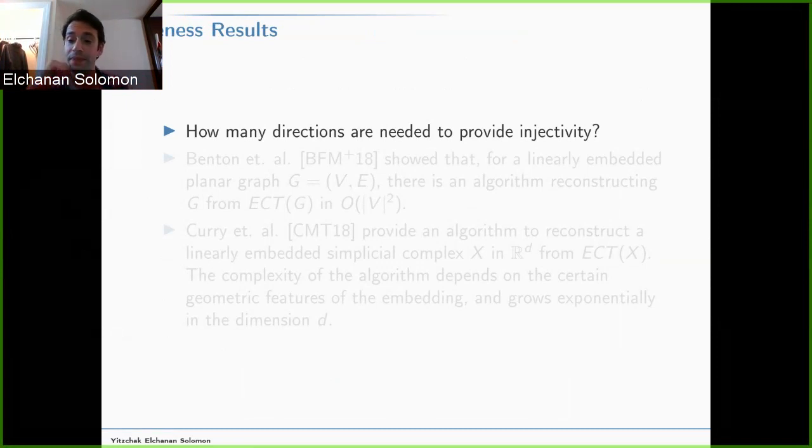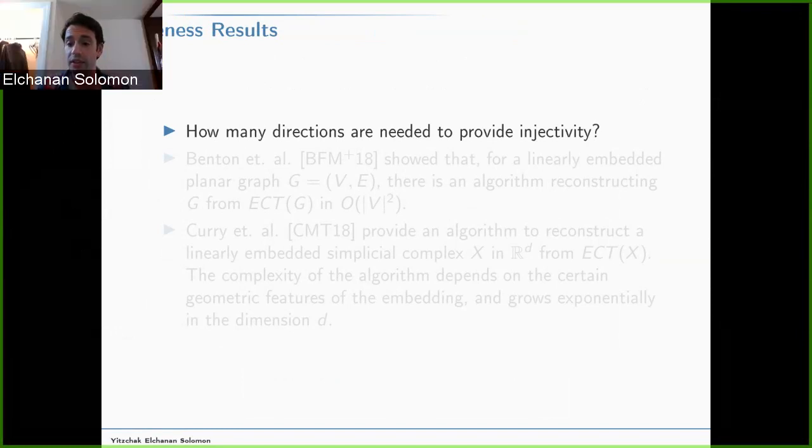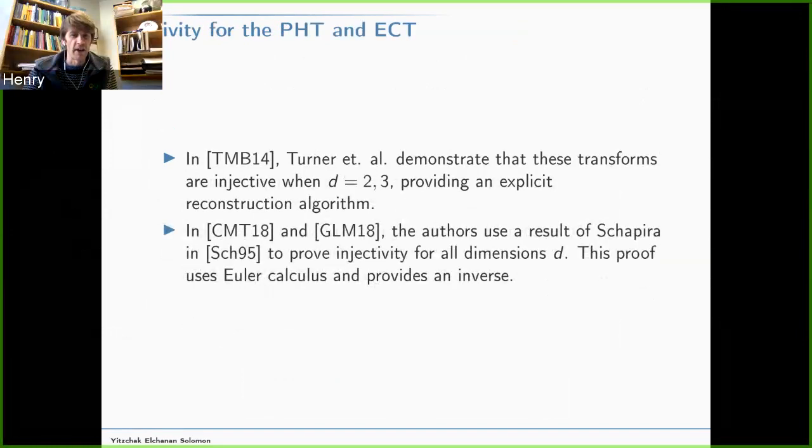Isaac, a quick question. In the reconstruction results where they're using all directions, are they dealing with finite simplicial complexes as their shapes? Actually, no, it's quite general. It's in general for sub-analytic sets. And they show injectivity, but they also are able to reconstruct this sub-analytic set.